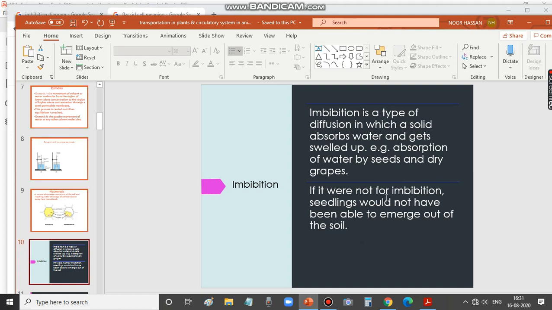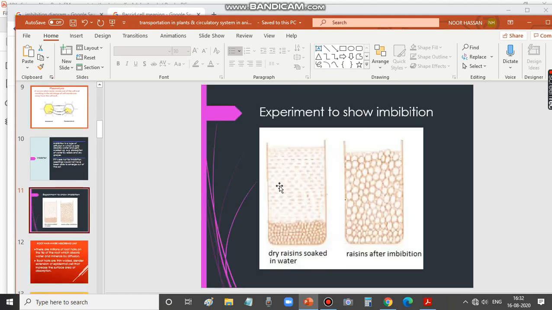So it is an essential process for seedlings to emerge from the seeds. This is a simple picture to show dry raisins soaked in water. Raisins after imbibition become swollen, and their size increases.